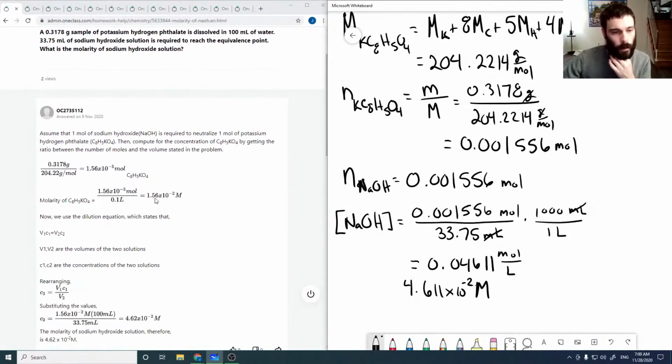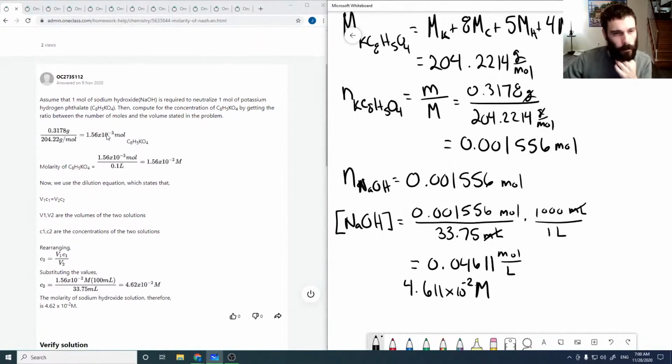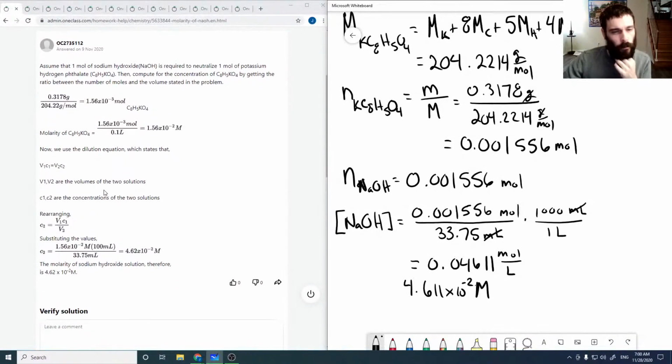And, okay, so calculating the molarity. I don't think we need to do that, we just need the number of moles. Okay, so substituting the values, oh, it comes out to be the same number, which is good.